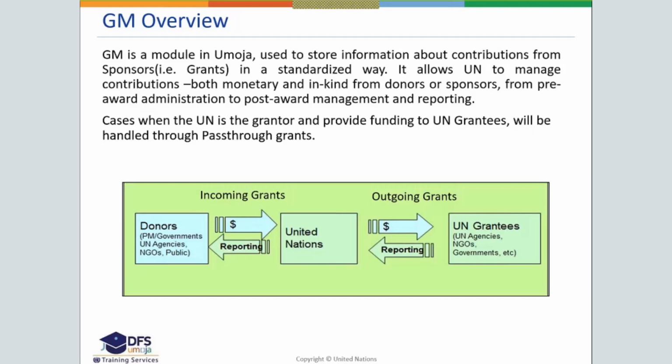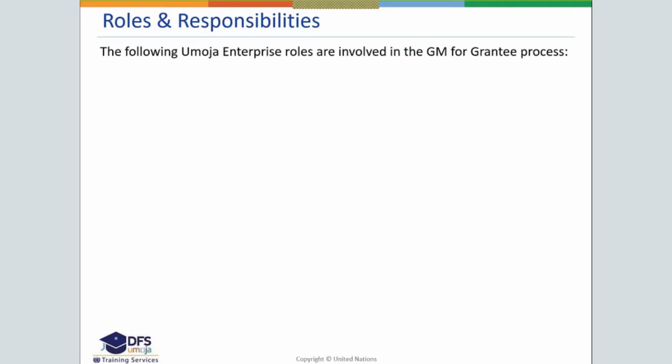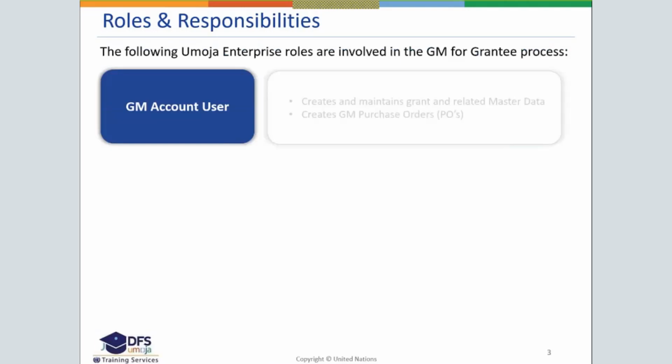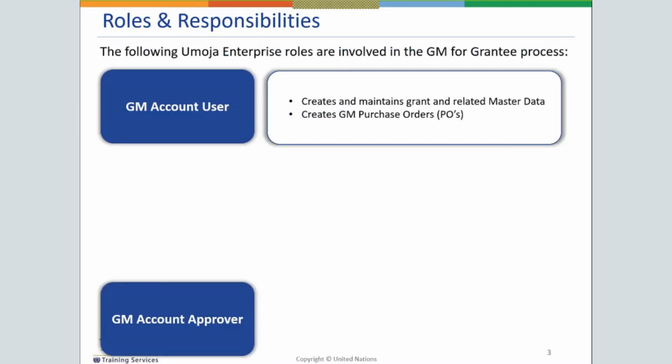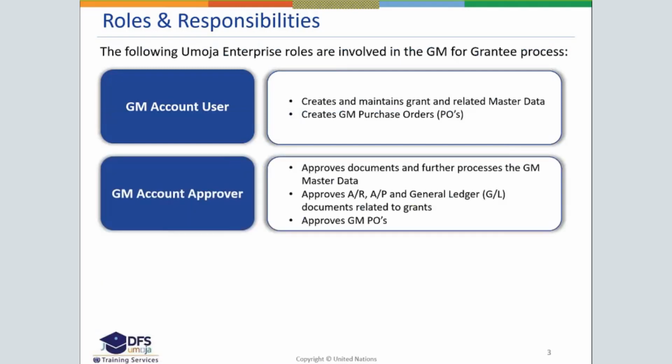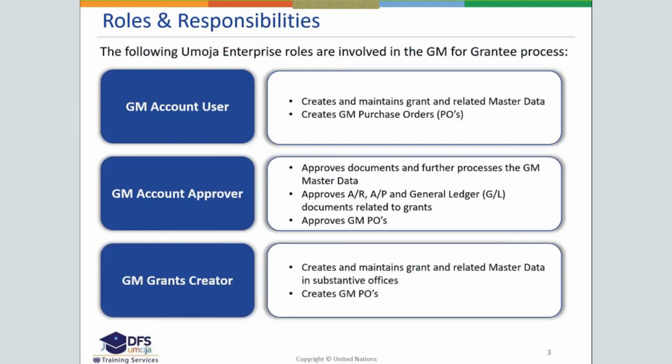So let's move ahead. I will go a little bit quick, but we have to cover a lot of things. We are going to see the different roles involved in this process. I will read them very quickly because you will have this presentation. You can read carefully all the roles and all the tasks that they have assigned in the system. The main roles are the GM account user and the GM account approver.